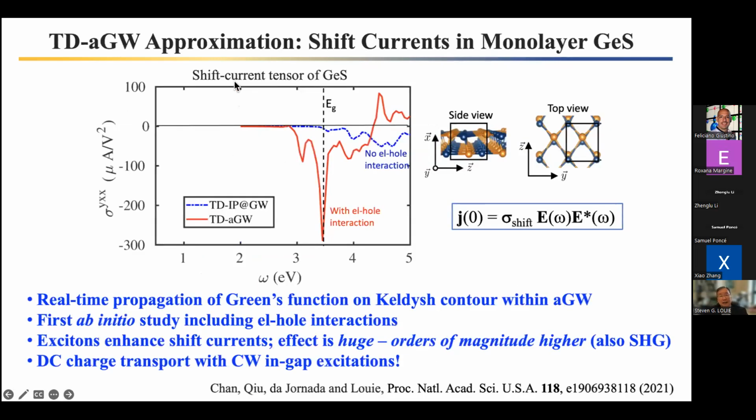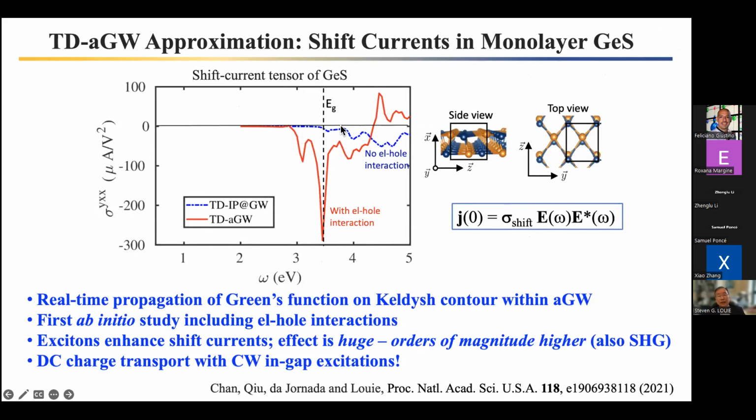Here is our calculated result using this TDAGW approximation for monolayer germanium sulfide. Plotted here is one of the coefficients of this shift current tensor as a function of photon frequency.